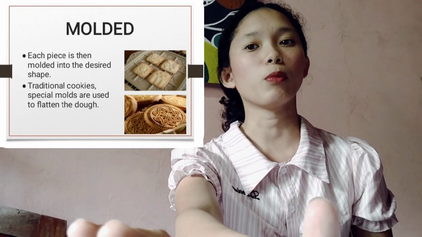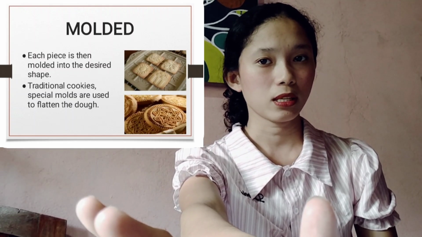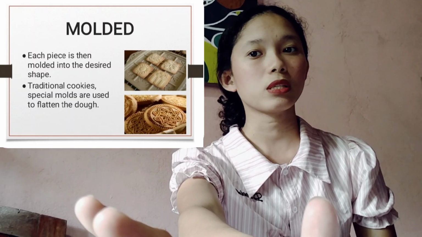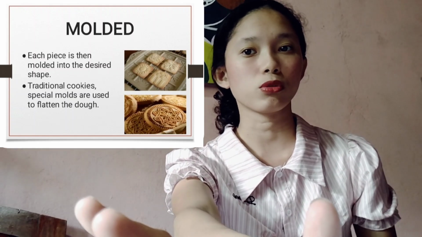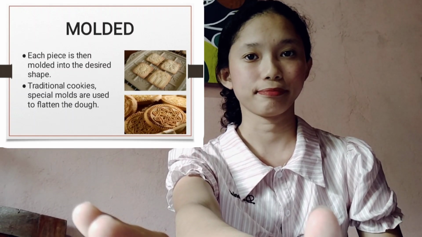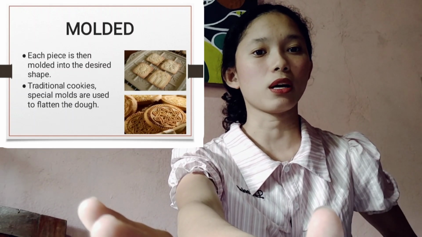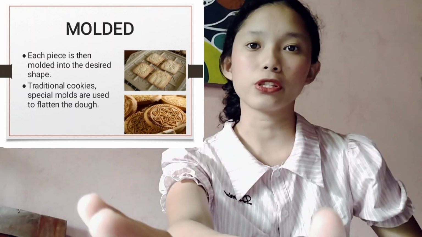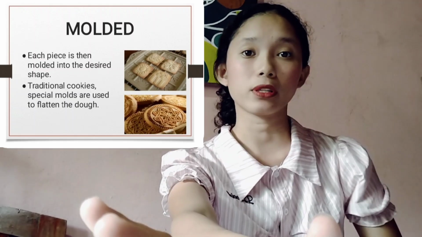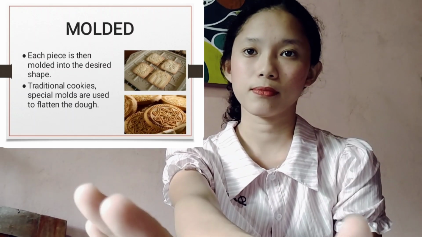Each piece is then molded into desired shapes. Okay, for traditional cookies, special molds are used to flatten the dough. As you can see in the picture, the cookies are molded into different shapes, different patterns.